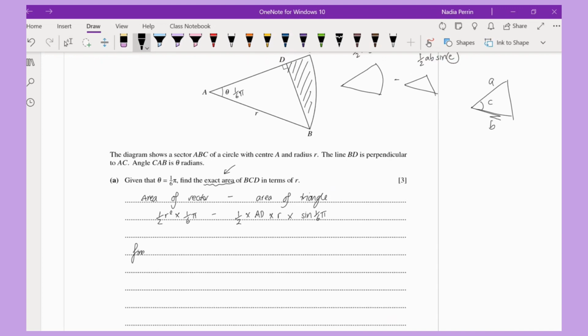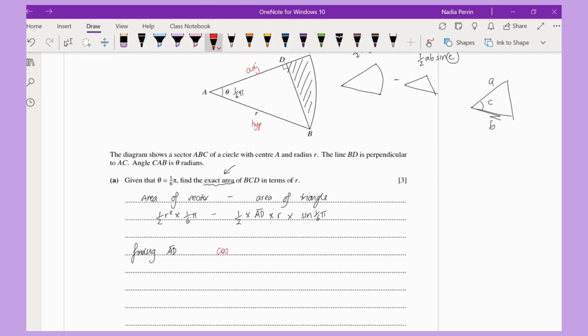So again, I'm going to tell them what I'm doing. So if we just think about this triangle here for a second, and we're doing it in terms of theta, if we're looking at AD, this one is going to be our adjacent side, and this one's going to be our hypotenuse. So in terms of our correct trig ratio, we're going to be using cosine.